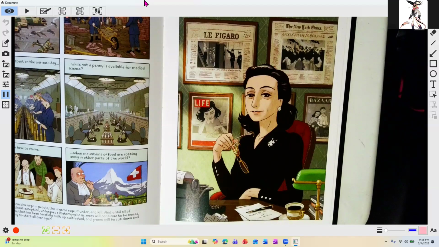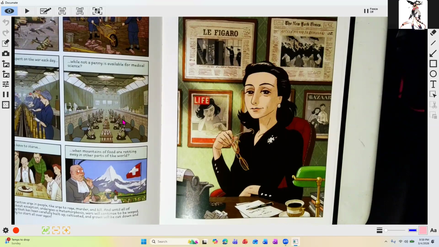What is in the foreground here? We'll give a second of silence. Try to let you guys figure that out. And once you figure it out, comment down below what you think it could be.